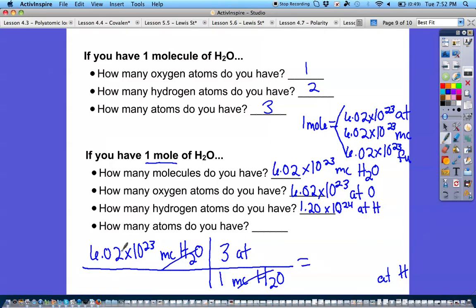So in 3 atoms, 6.02 times 10 to the 23rd times 3 should give us 1.81 times 10 to the 24th, and this is just atoms, total atoms. So we're just going to label it atoms. Okay.